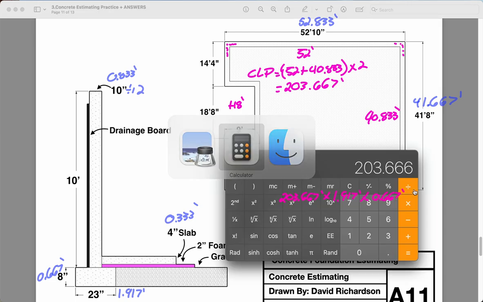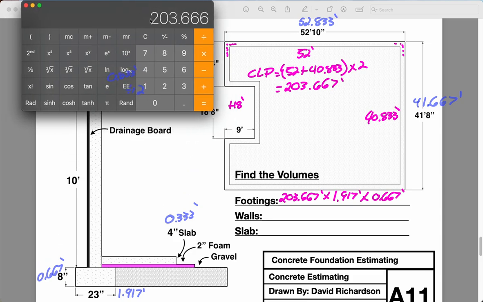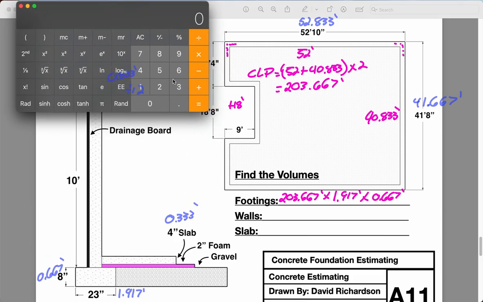Bring the calculator back up. 203.667 times 1.917, and when we multiply it all together, we get a total of 260.42 feet cubed.